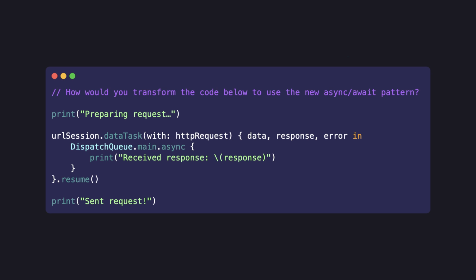Then set that tuple to be equal to try await URLSession.shared.data for HTTP request, which will put the current execution context on hold until it gets a response or it throws an error. Following up with a print that we've received the response. After the task block, print sent request, which will actually get called before the task completes. And that works just awesome.